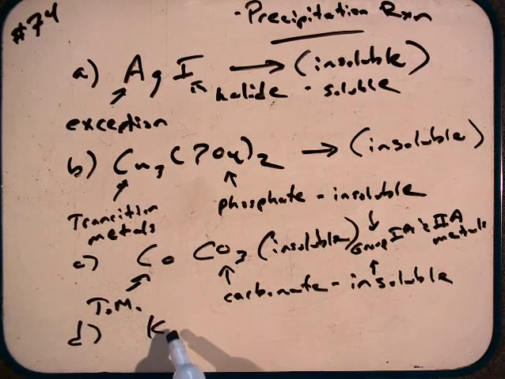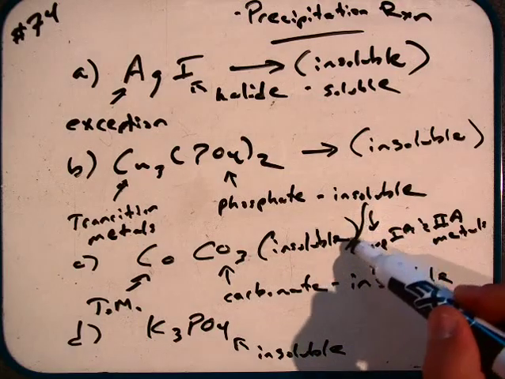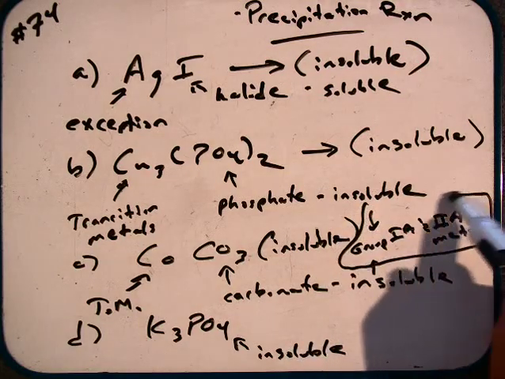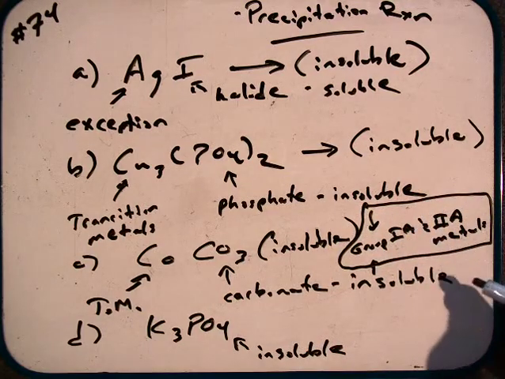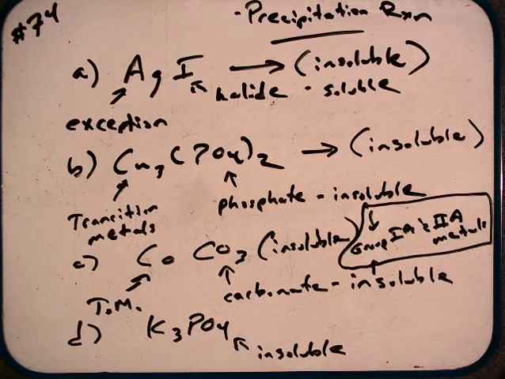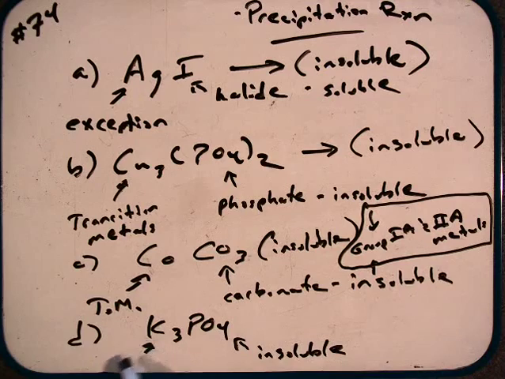Part D looks at potassium phosphate, and we've already looked at phosphate. Phosphate we determined in part B to be insoluble. But again, one of the exceptions to the rules, or really the major exception to the rule for phosphates, and likewise carbonates, is this idea of group 1 and group 2A metals being so incredibly soluble.